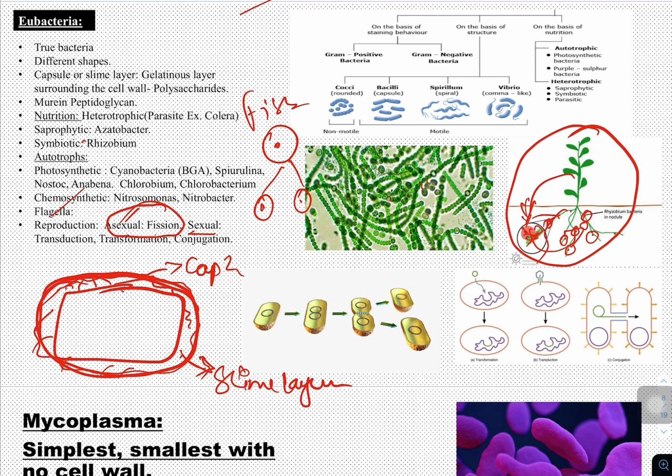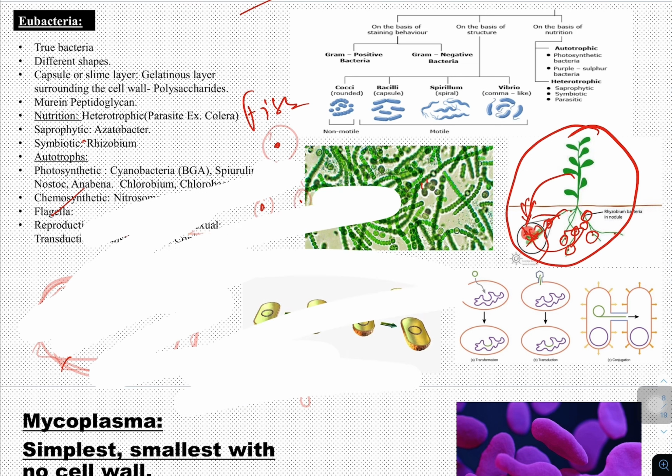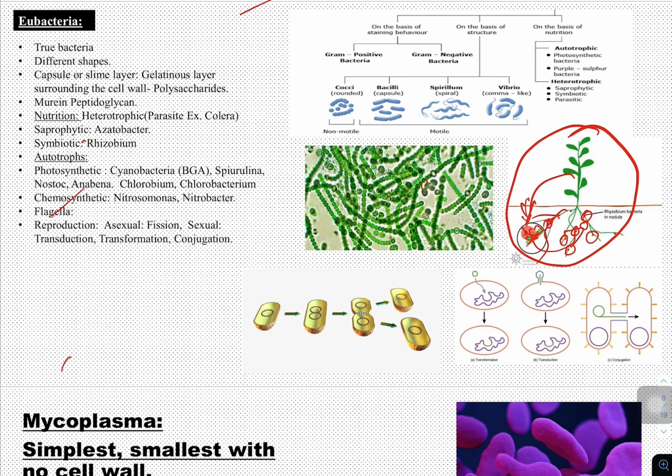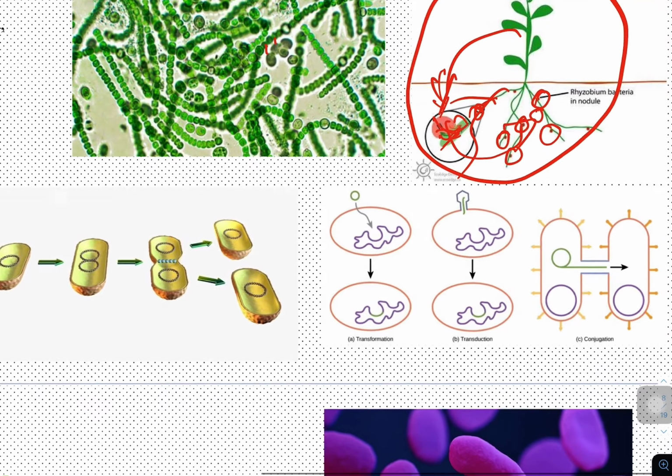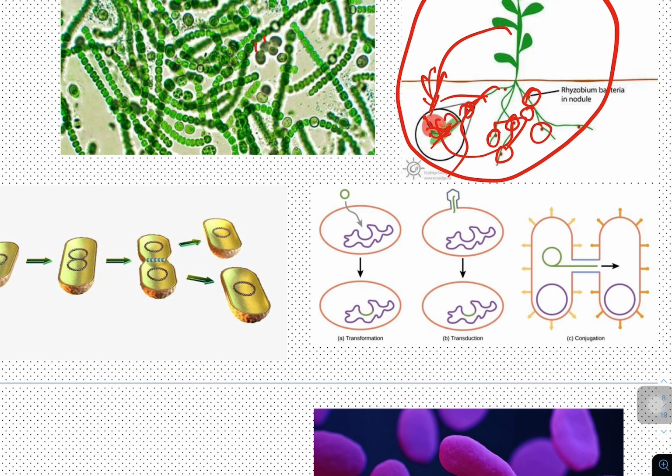Next is sexual reproduction. Very important point: sexual reproduction in bacteria takes place by three methods. That is the transduction method, the transformation method, and the conjugation method. See here, I have posted a very nice photo which gives a clear understanding.